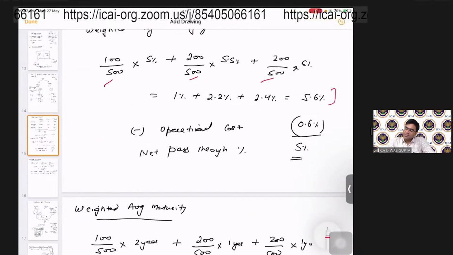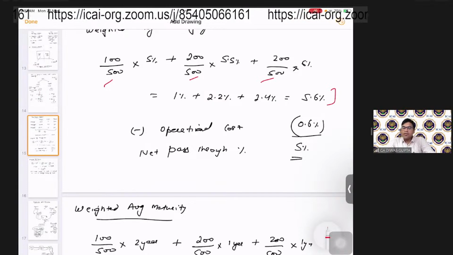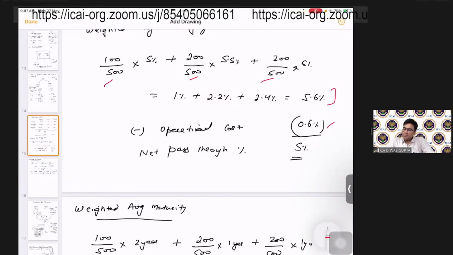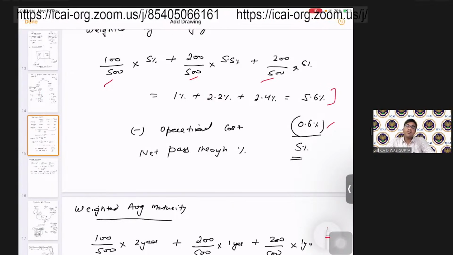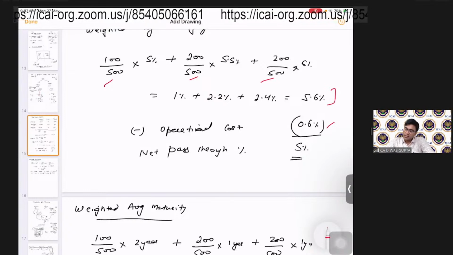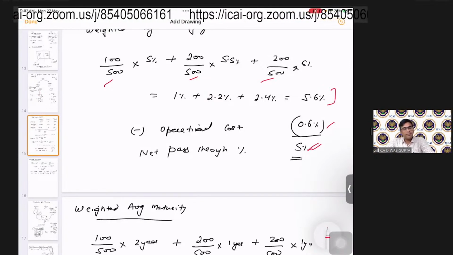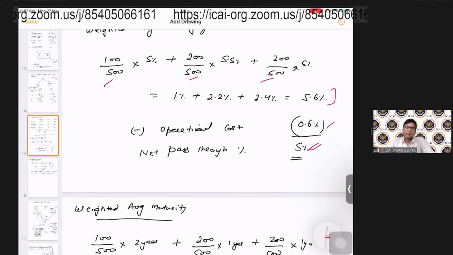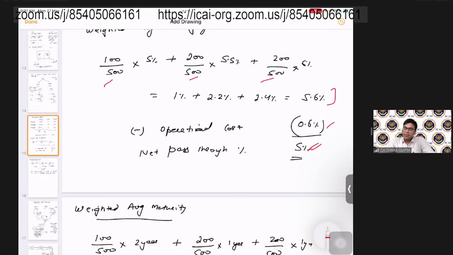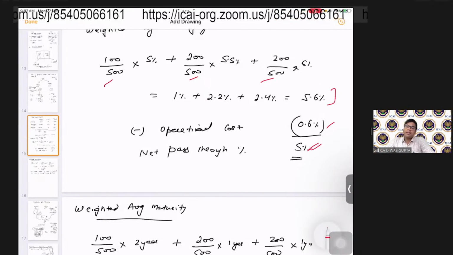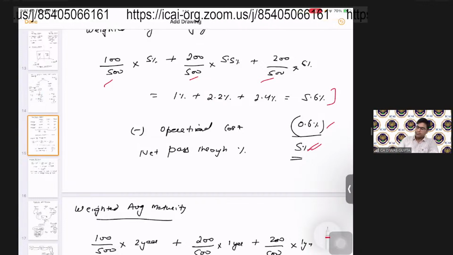So let's say it comes as 5.6%. Now, out of this 5.6%, 0.6% has to go as a fund cost, for example. Hence the net pass-through percentage becomes 5%, students. Clear? So whatever you earn, irrespective, 5% will go through a pass-through.